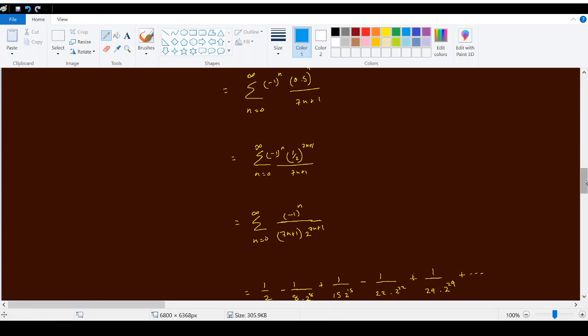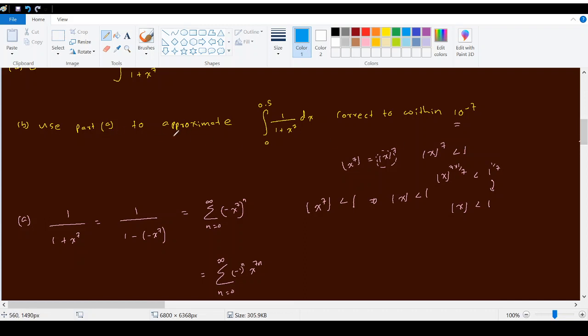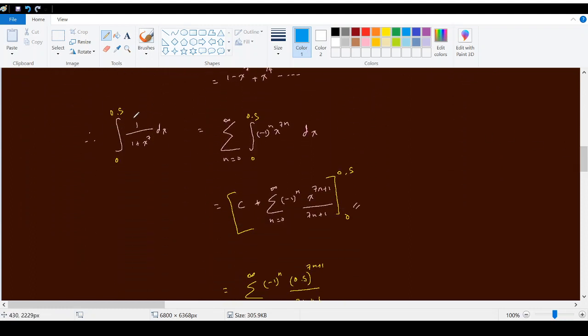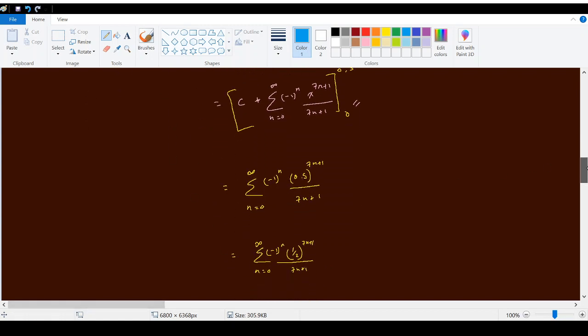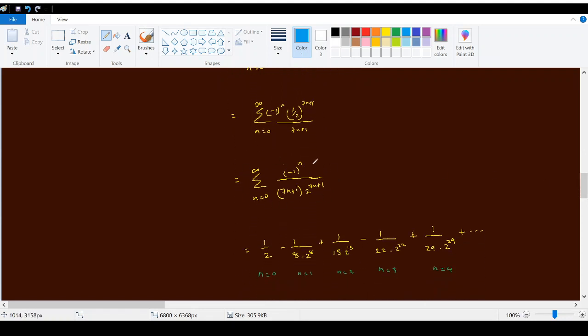And now see the way they have given the question. We are required to approximate this integral. So approximating the value for this integral is the same as approximating the value for this series, because these two are equal, right? So now we are going to approximate the value for this series.